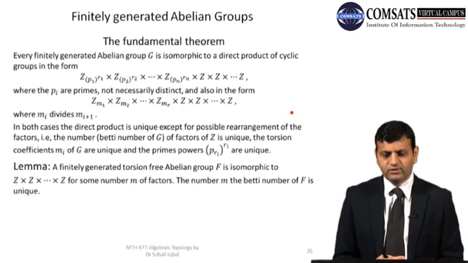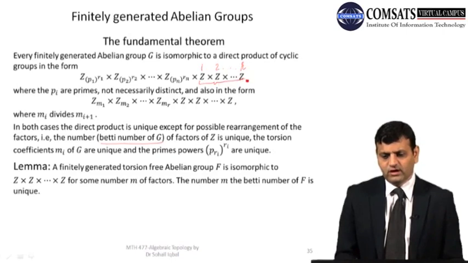In both cases the direct product is unique except for possible rearrangements of the factors. So the number of factors of Z, the Betti number, is unique. For example, this is the first copy, this is the second copy, and so on. Let's say there are r copies of Z in this direct product, then this r is called the Betti number.